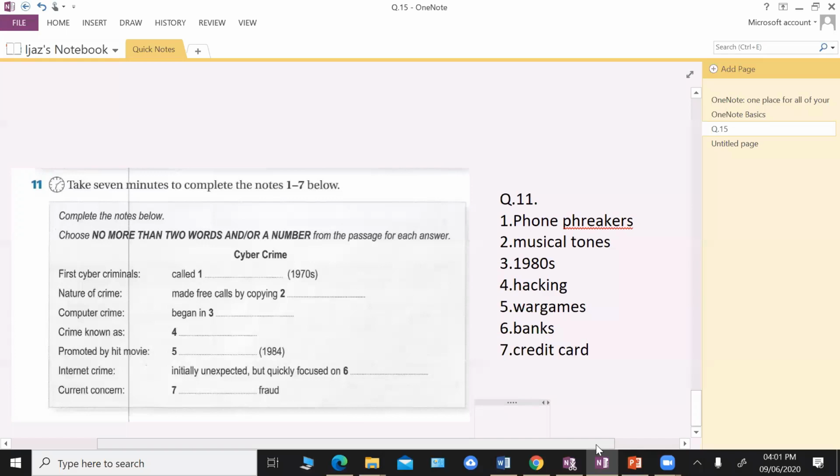And after that, I want you to go back to reading 1, reading 2, and reading 3, and just revise all these 3 chapters so that when we start chapter 4 tomorrow, you are well prepared.